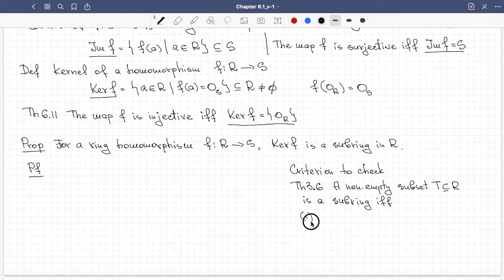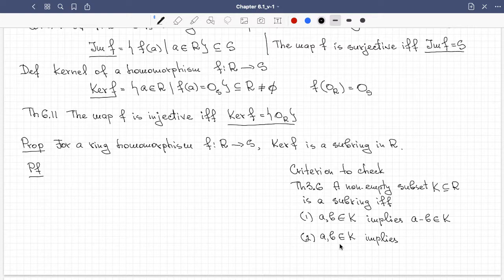First, for any two elements in the subset, or let me call it K, for any two elements of K: if A and B belong to K, then their difference belongs to K. And the second condition to check is for any two elements in K, their product.